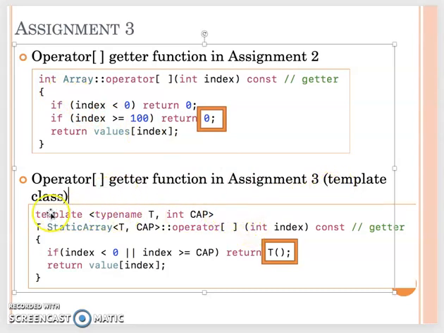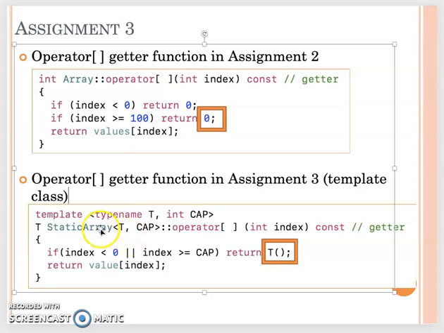For the template class, we specify the template keyword. Then you can have the type name using any variable name you want. For this example, we're using the T. So this T can be replaced with any data type, right? Because our array can be integer, can be double, can be string, can be any object the user defined.